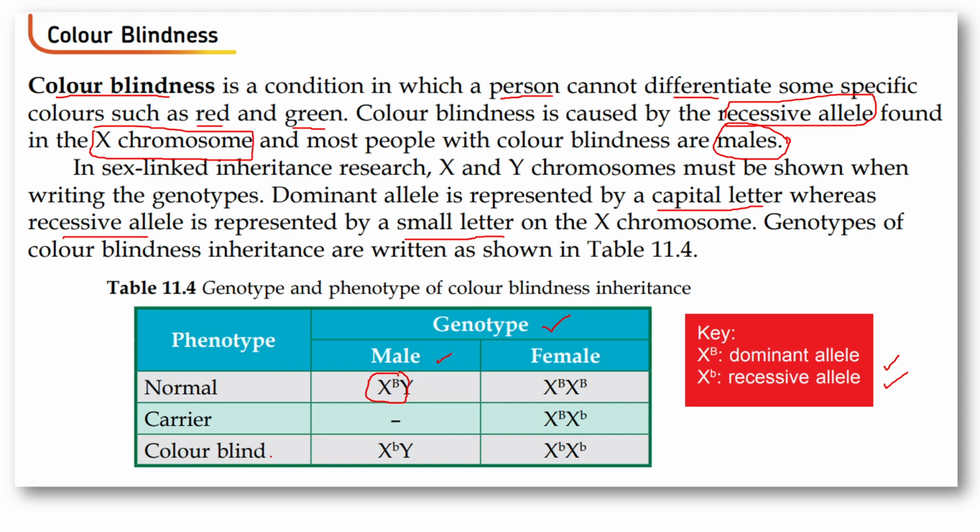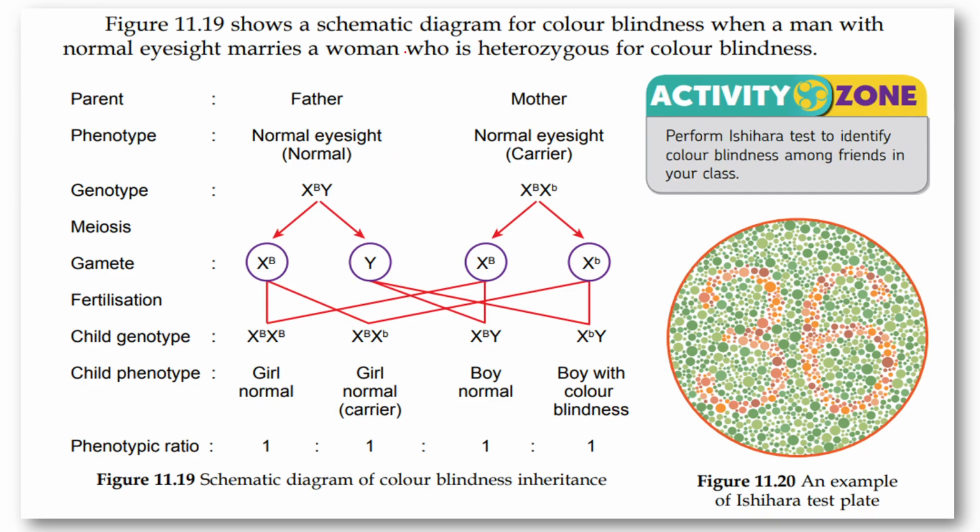Colorblind: a male will be colorblind whenever he is carrying a recessive allele at the X chromosome. But for a female to be colorblind, she must be homozygous recessive for the X chromosomes. So this is a picture showing the schematic diagram. Let's look at the father.